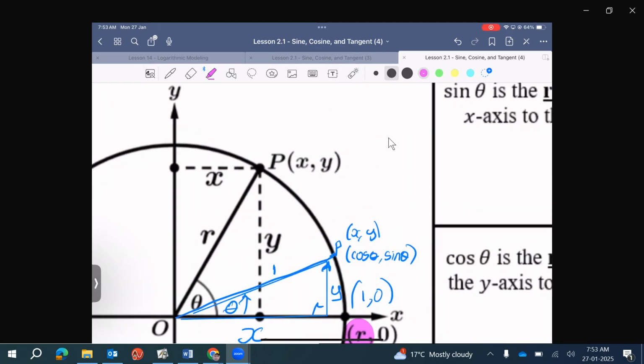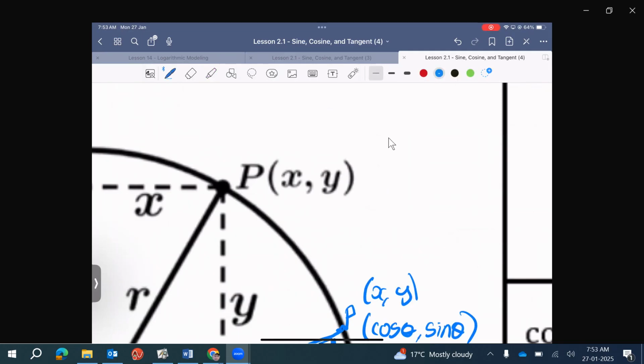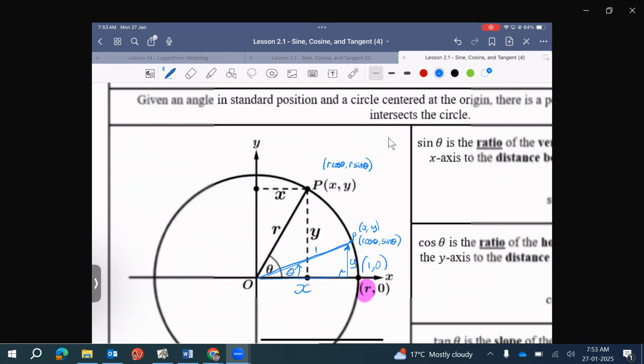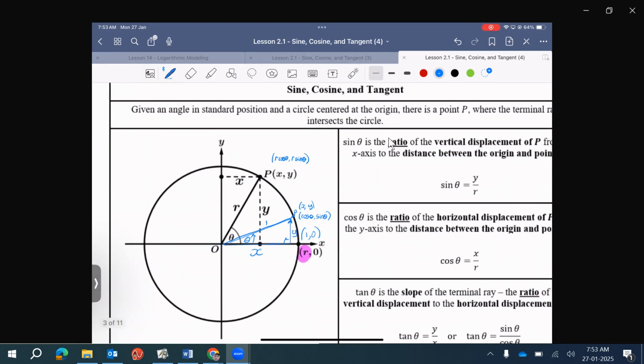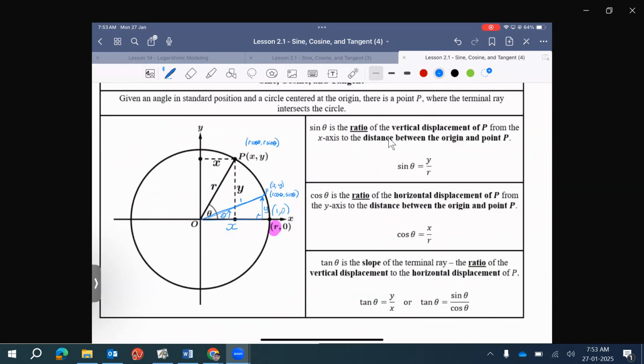And this is going to become the coordinates r cos theta, r sine theta, because everything's just been multiplied by r, and it's r times as big. This is how we tend to define our unit circle and our sine and cosine functions.